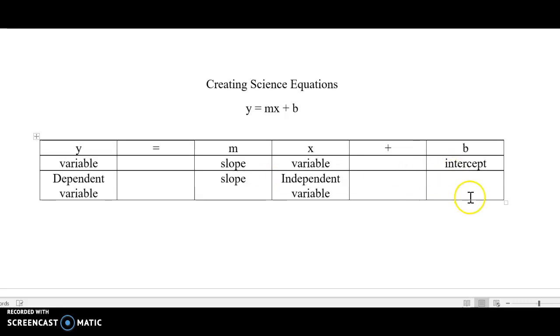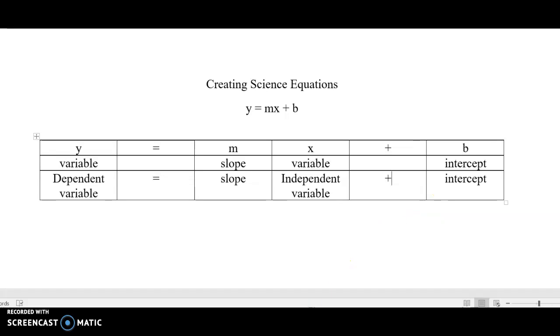That doesn't change very much. And B is still the intercept of the line. We leave the equal sign and the plus sign where they are. And so we're just going to have the dependent variable is equal to the slope times the independent variable plus the intercept of that line.